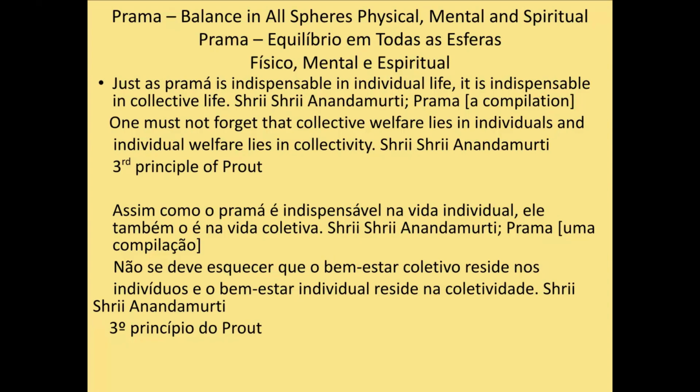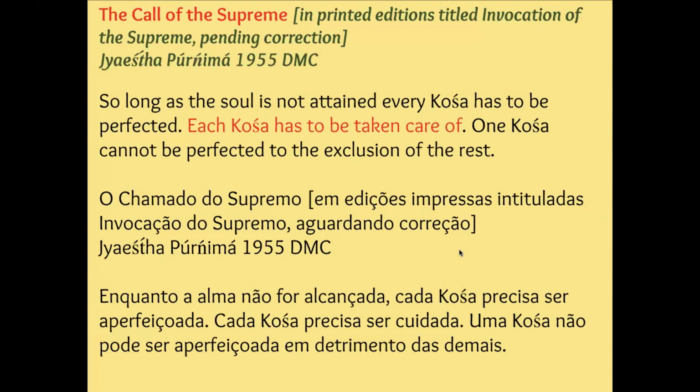All right, go to the next slide. This is taken from the Call of the Supreme. So long as the soul is not attained, every kosha has to be perfected. Each kosha has to be taken care of.